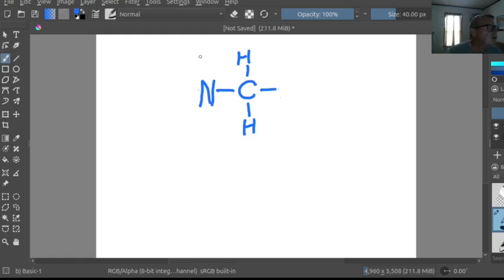So I'm going to just set this up nice and easy. I'm going to put an H up here and bond it to the nitrogen, and an H down here and bond it to the nitrogen. So you could call this NH2, but this shows the structure so much better. So this is the amine over here. So let's see if I can write amine. Amine.